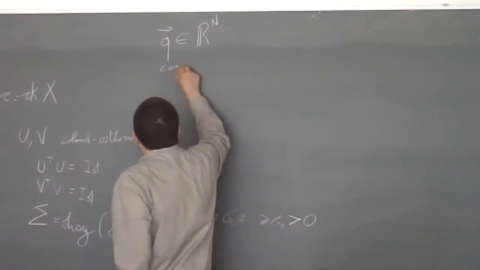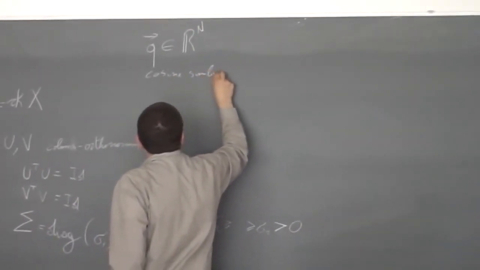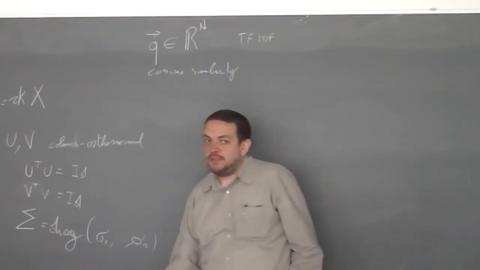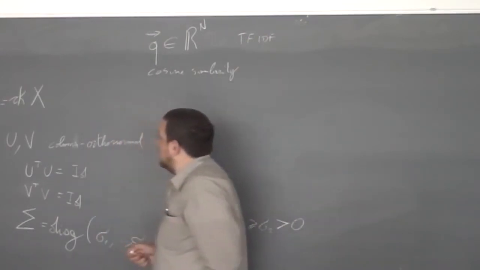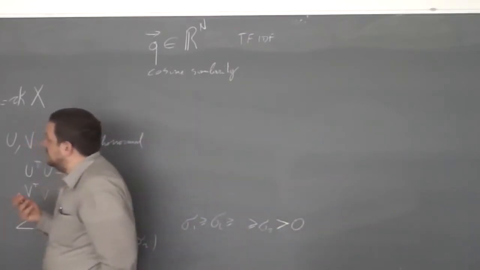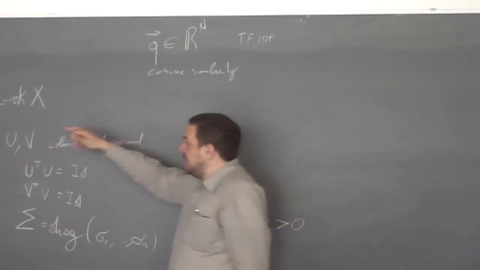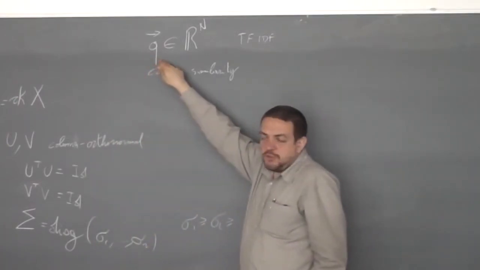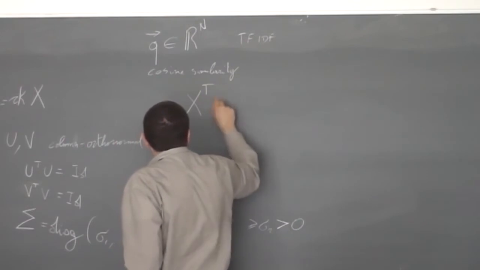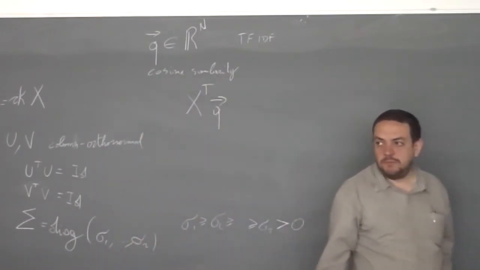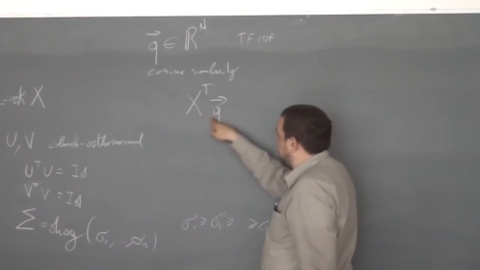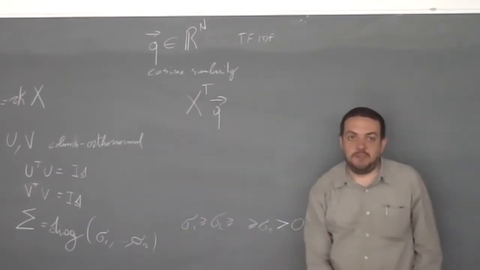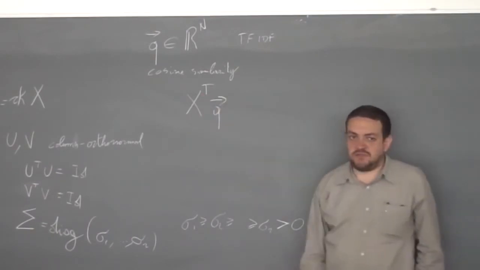If we are using cosine similarity, and we are in DF IDF space, then we are interested in computing all similarities between the documents in our corpus, which are the columns of X, and the new document or query Q. The similarities can be computed by computing X transpose Q, which is the matrix by vector multiplication, so that Q is multiplied by every document in X, meaning every row in X transpose.